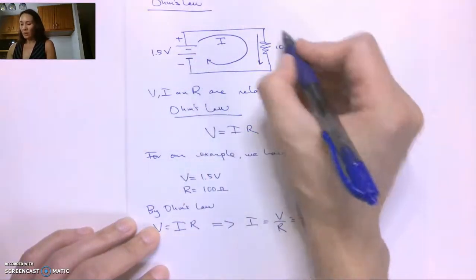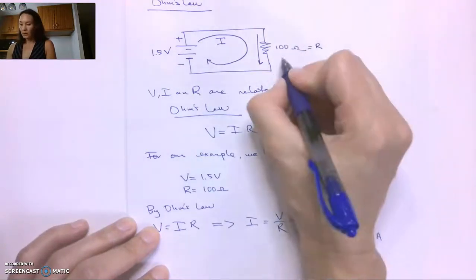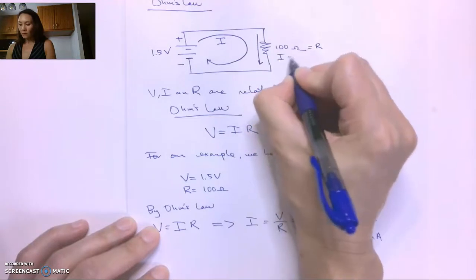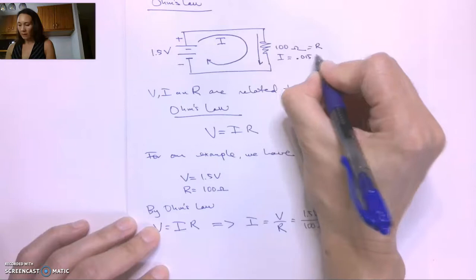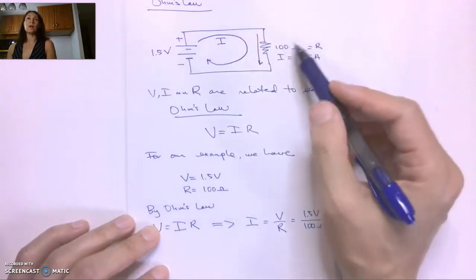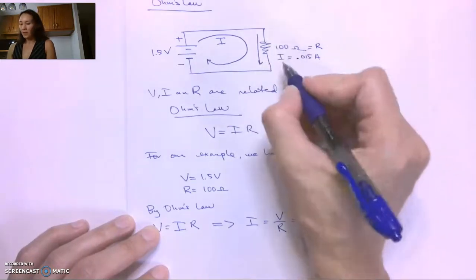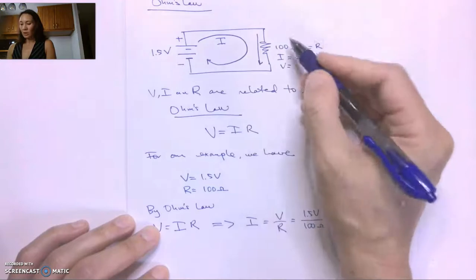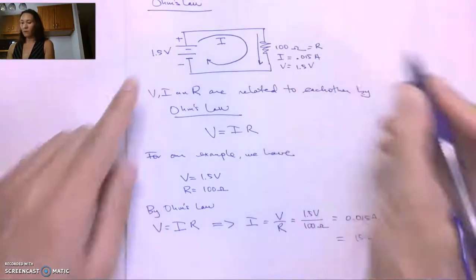So if we know that the resistance of this resistor is 100 ohms, we know that the current flowing through this resistor is 0.015 amps. We can do another Ohm's law calculation kind of locally at this resistor, and you'll find that the voltage at this resistor is 1.5 volts.